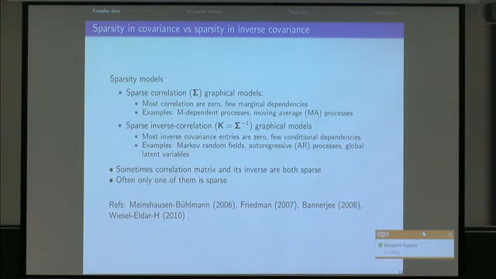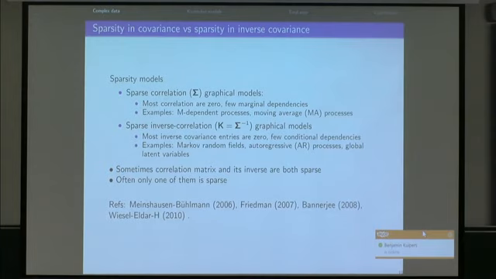And that's because in the sparse inverse covariance model, you're looking at conditional dependencies as opposed to unconditioned marginal dependencies. The conditional dependencies describe things like Markov random fields, of which autoregressive processes are one category.